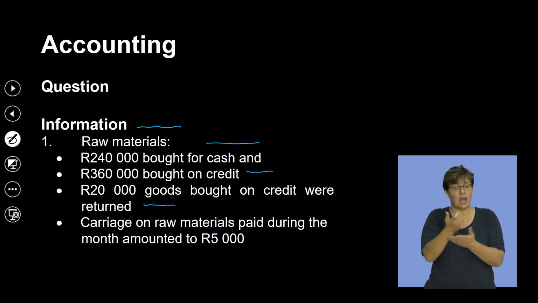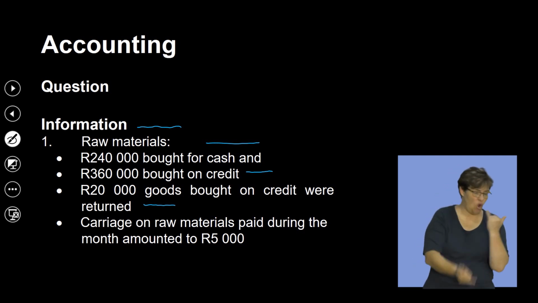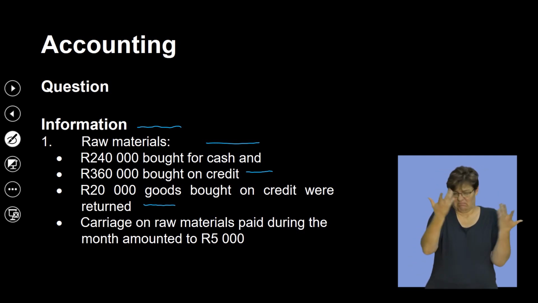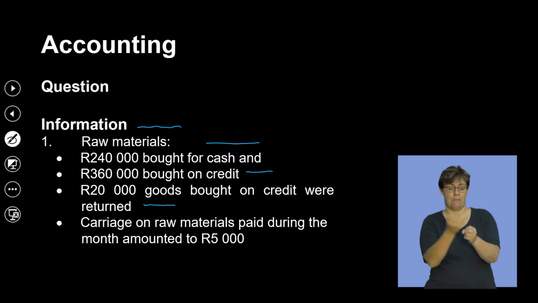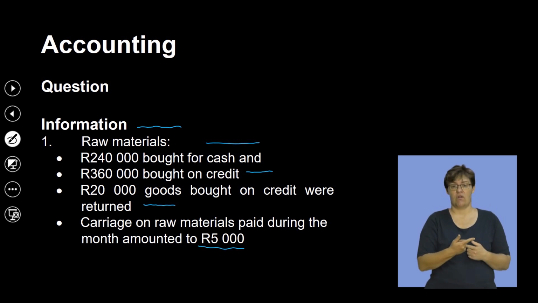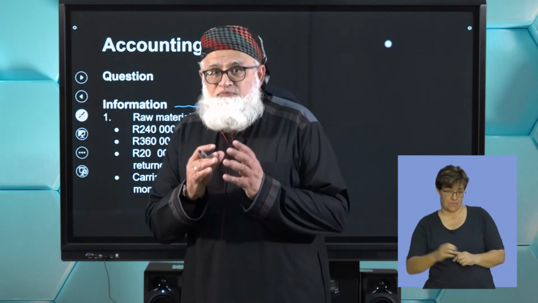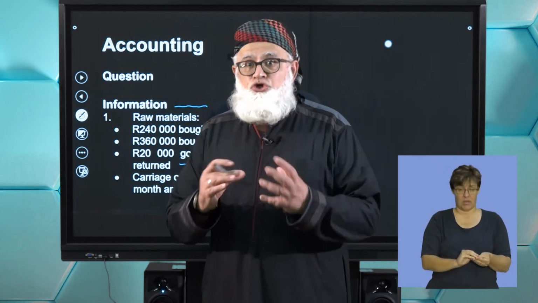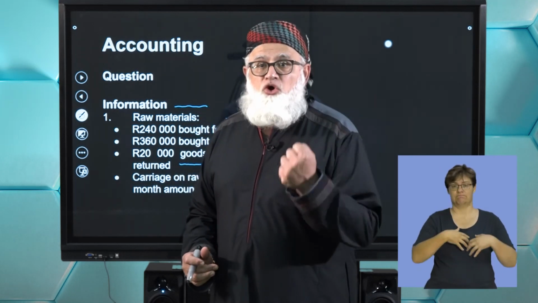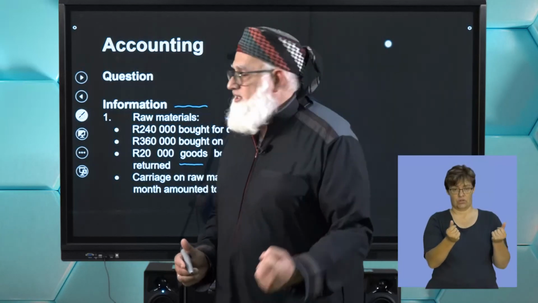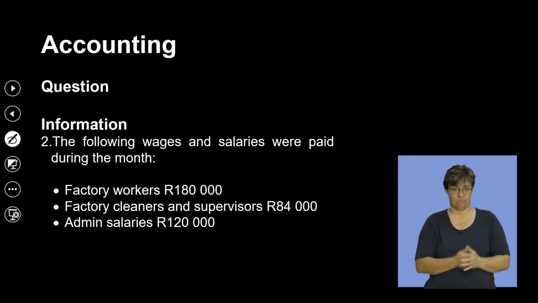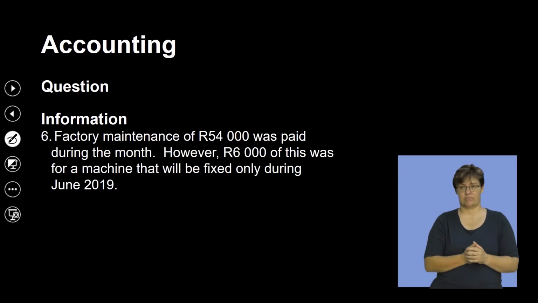In other words, we bought goods and these were returned to the suppliers, either incorrect or defective, whatever the reason may be. Then carriage on raw materials paid during the period amounted to 5,000 rand. All of this information we're going to use to draw up our raw materials stock account. Let's do that immediately.